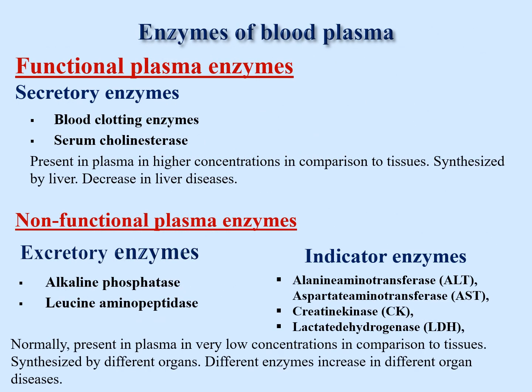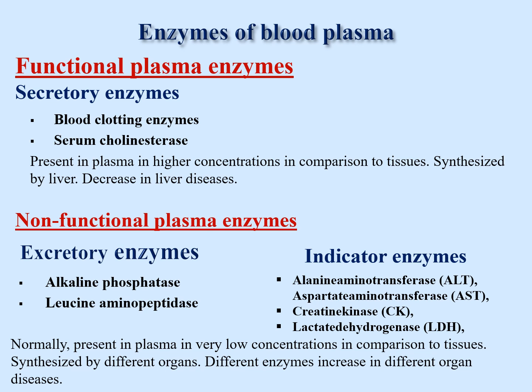Next chemical compounds of our blood are enzymes. All enzymes present in our blood we can divide into two big groups. First of all, functional plasma enzymes.